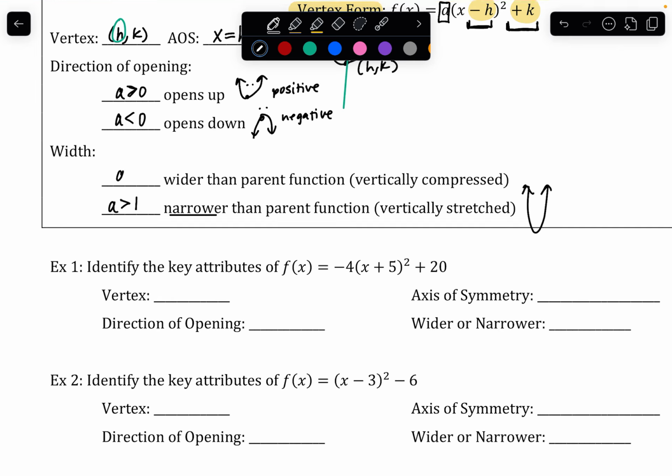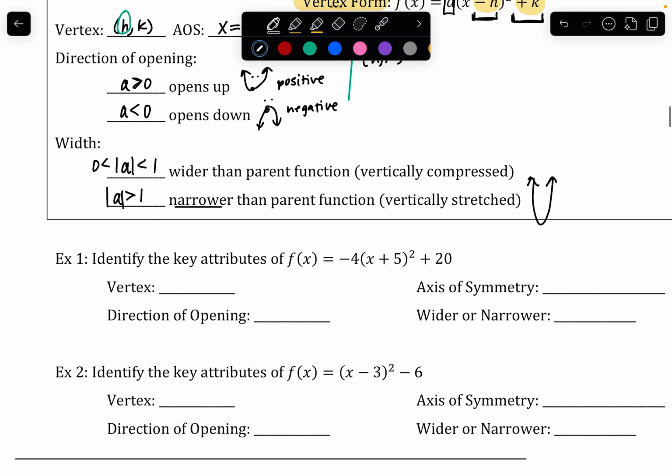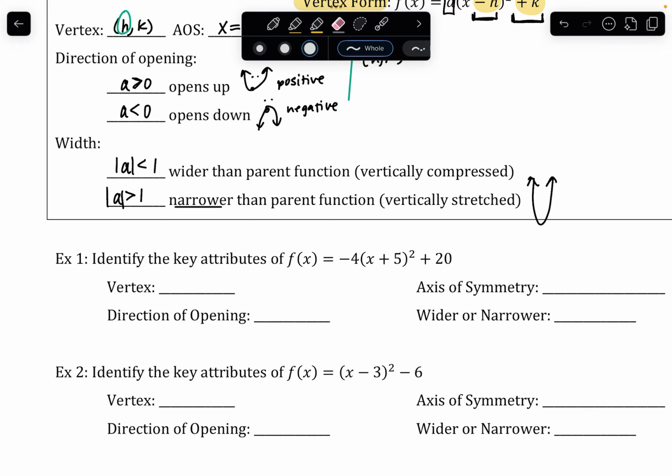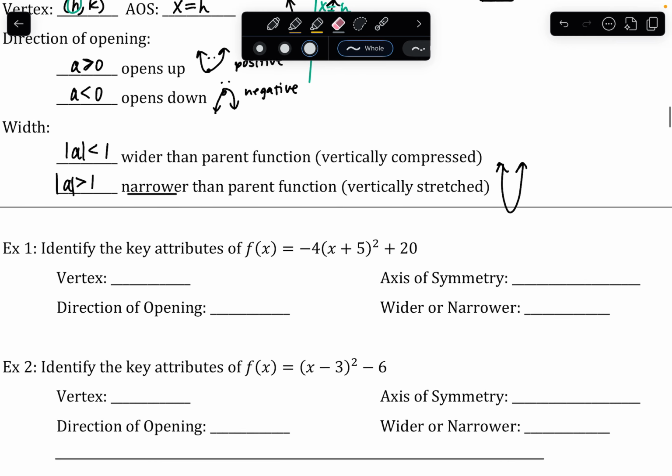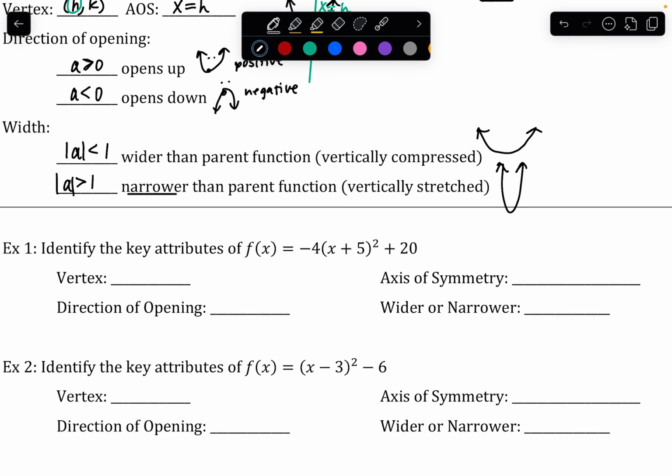Okay, and then if it's between 0 and 1, and we're just thinking of the value, we're not thinking of positive or negative in this case. So if the absolute value is less than 1, like 1/2, 1/3, it's going to be wider because it's vertically compressed.